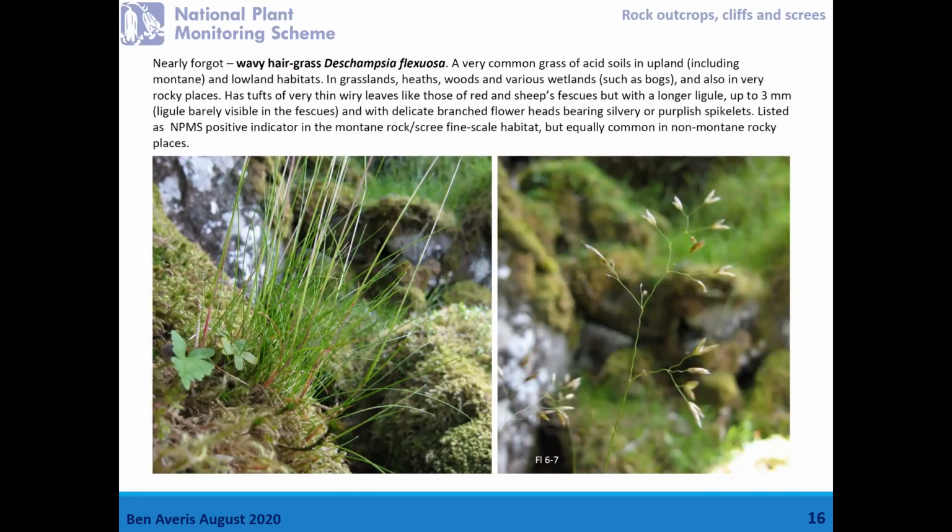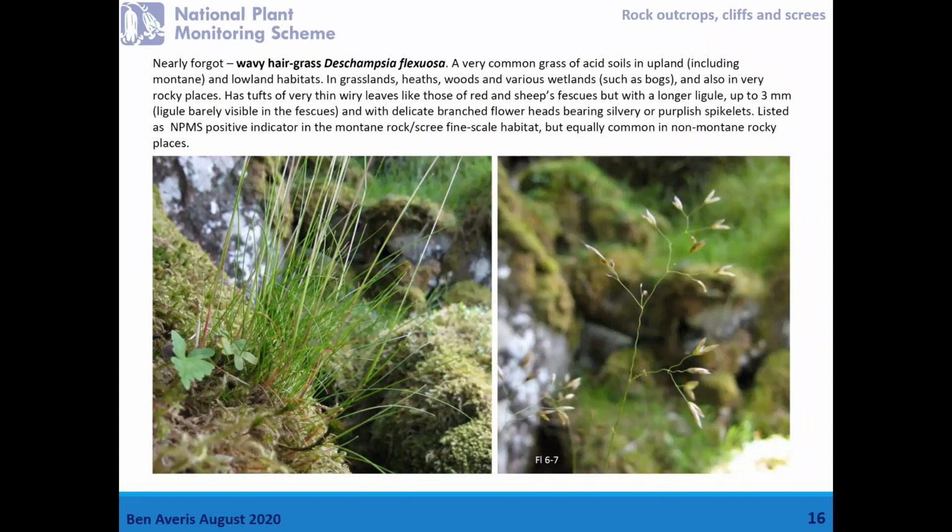They haven't changed the English name. Wavy, I don't know why they gave it that name, maybe because the flowering stems and the branches of the flowering head are so thin, they wave about, especially when there's a bit of a wind, but also they've got a wavy, left and right wiggly shape to them, those branches within the flowering head.